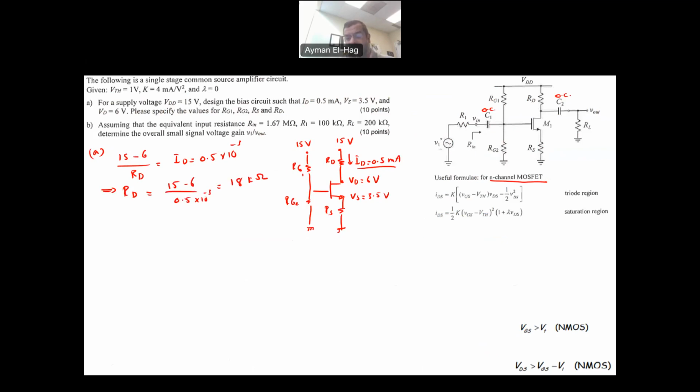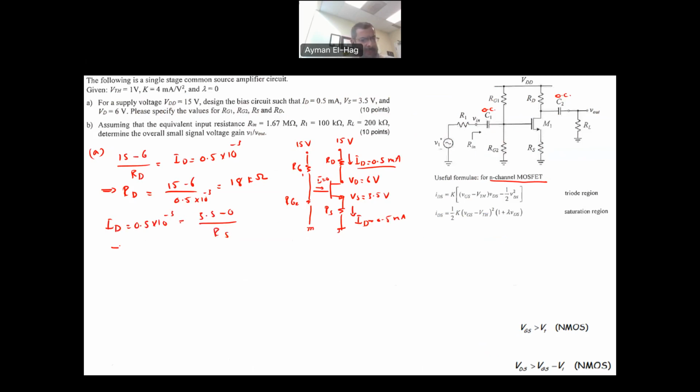Same thing for RS. I know VS, and the current into the gate, I, is equal to 0. So this is also your ID, equal to 0.5 milliamps. We do exactly the same thing: ID, which is 0.5 times 10 to the minus 3, is equal to 3.5 minus 0 divided by RS.